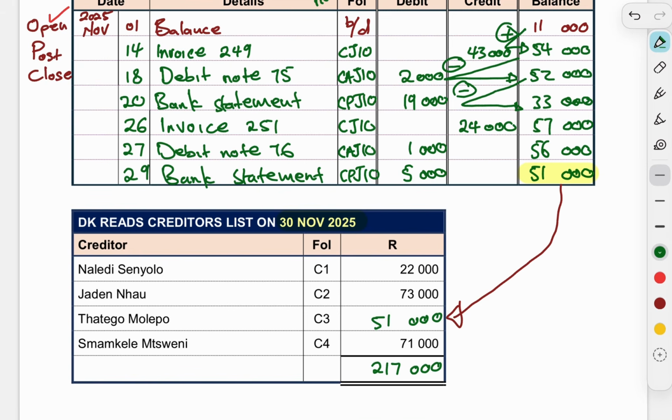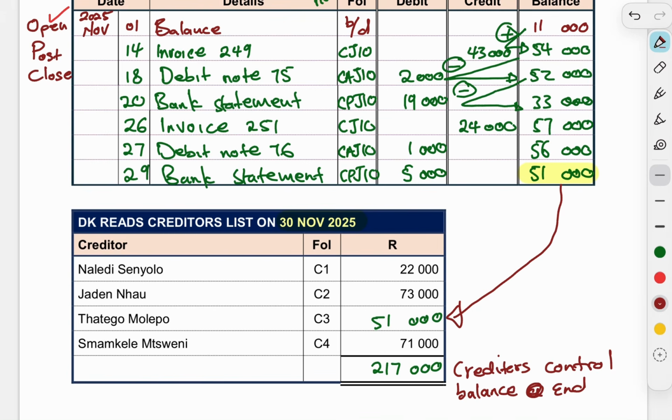Going back to the creditors list, this is the balance of all our creditors at the end of the month. So we know it's a summary. Creditors control is a summary of all our creditors. So this is the creditors control balance at the end of the month.